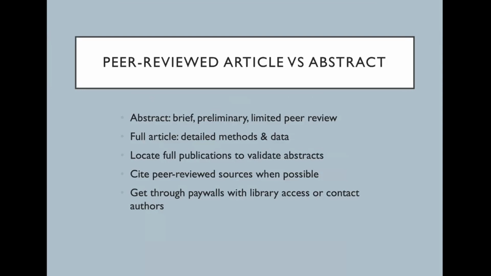So it's important to take them with a grain of salt because they have not necessarily been reviewed by a board or by a journal. Full articles have detailed methods and data, and published full articles typically have undergone a rigorous peer review process. The databases we looked at cover both publications and abstracts, and those will typically be denoted in each link.